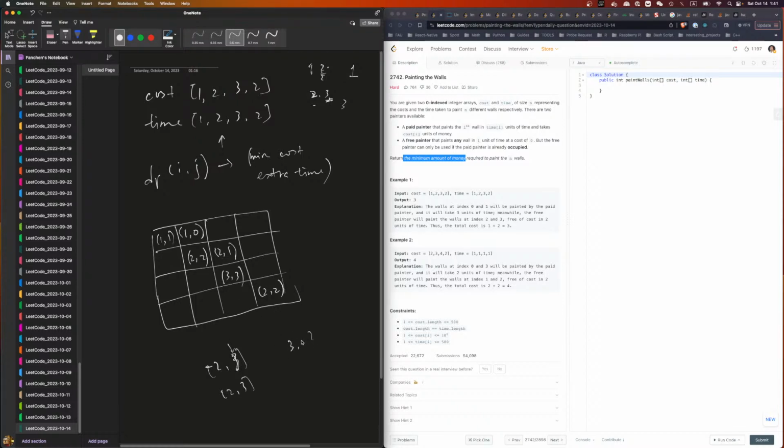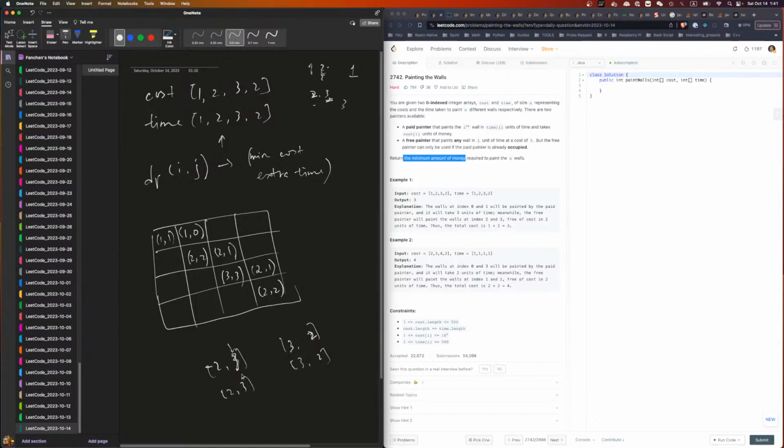And the last one is 3, 2. If I don't do 2, 3 has 3 extra, so it will be 3, 2. But if I take 2, I can cover this as well. So this is actually also 2 and 1, right? So that's that.